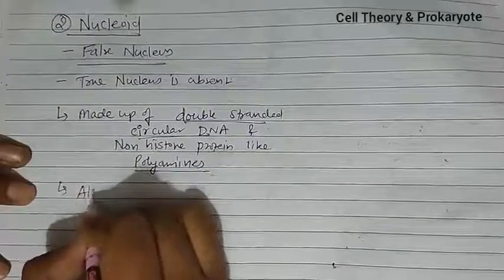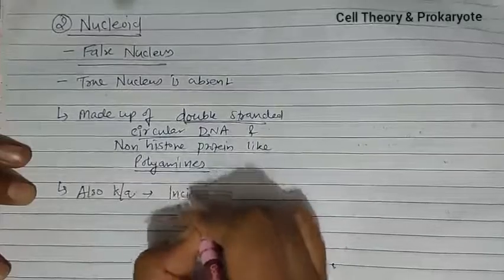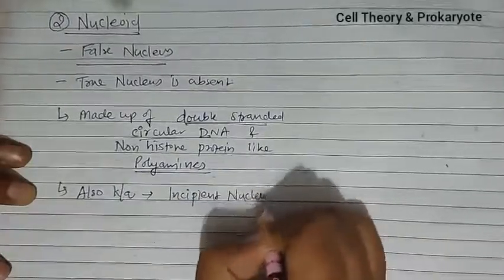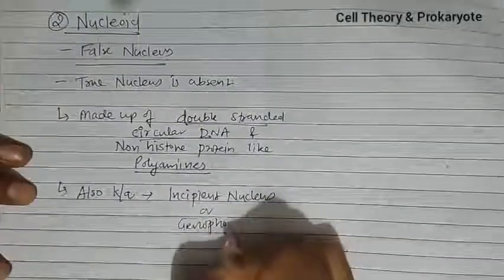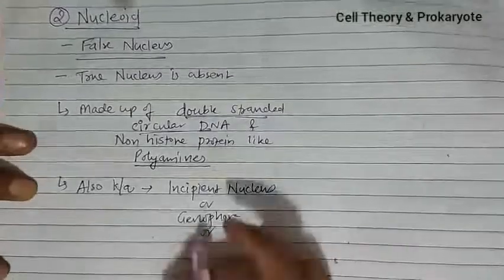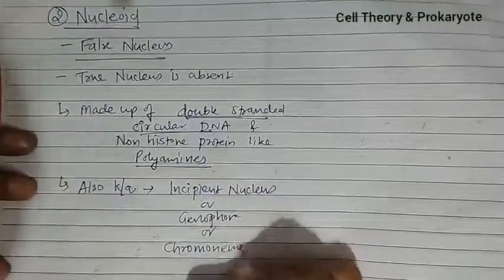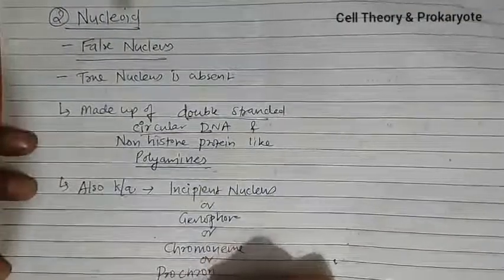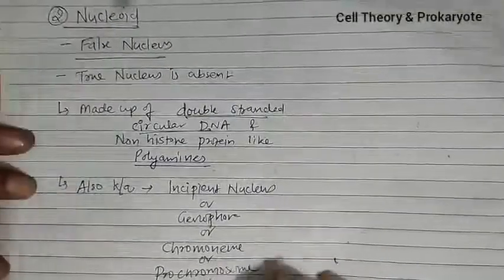This nucleoid is also known as incipient nucleus or genophore or chromonema or prochromosome or single chromosome.